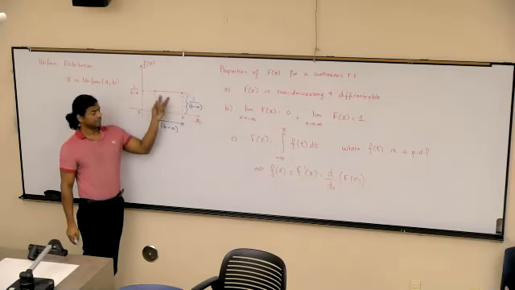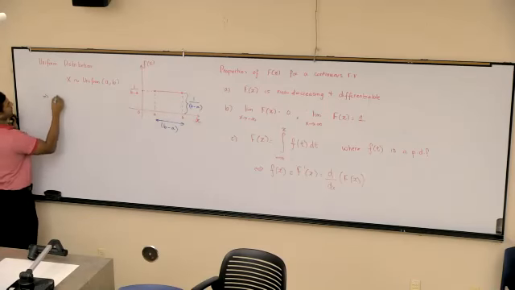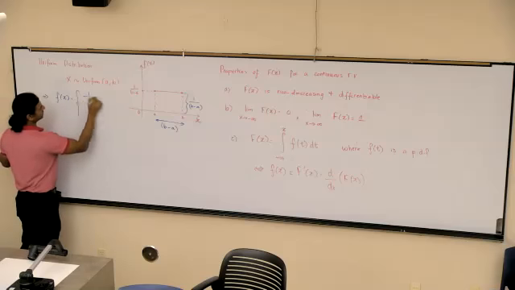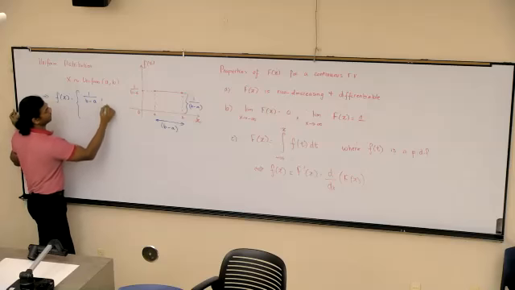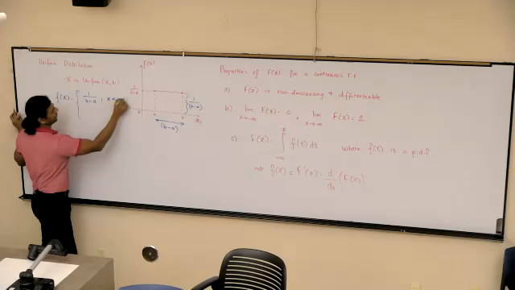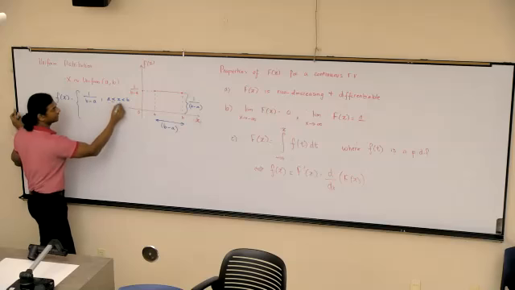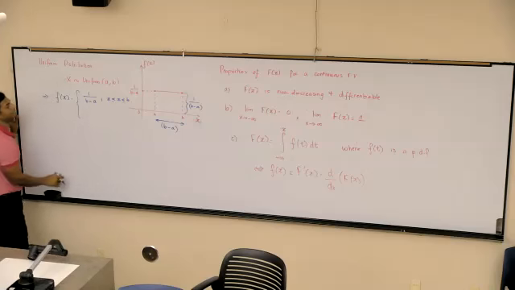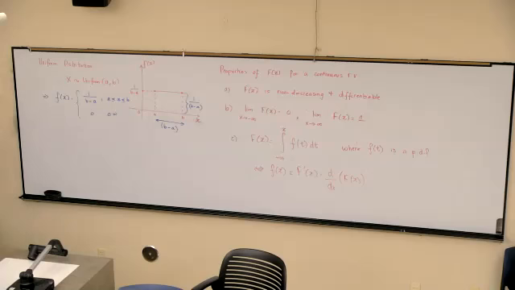And f of x is 1 over b minus a for x between a and b. You can put equal to, it doesn't matter, because we're not looking at an exact probability. 0 otherwise. Good.